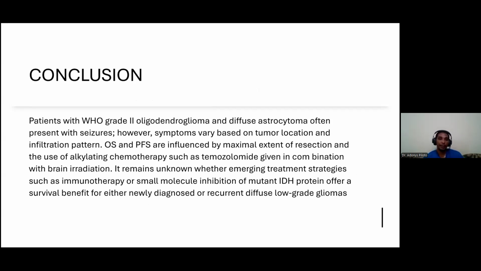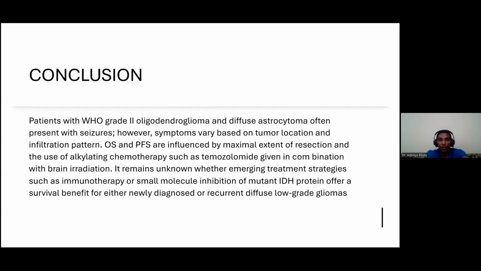In conclusion, patients with WHO grade 2 oligodendroglioma and diffuse astrocytoma often present with seizures. However, symptoms vary based on tumor location and infiltration pattern. Overall survival and progression-free survival are influenced by the maximal extent of resection and the use of alkylating chemotherapy such as temozolomide, given in combination with brain irradiation.